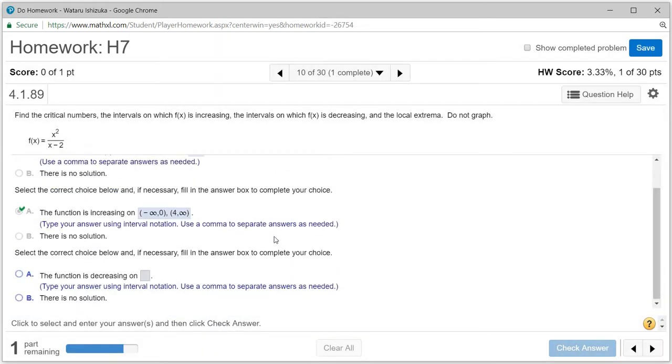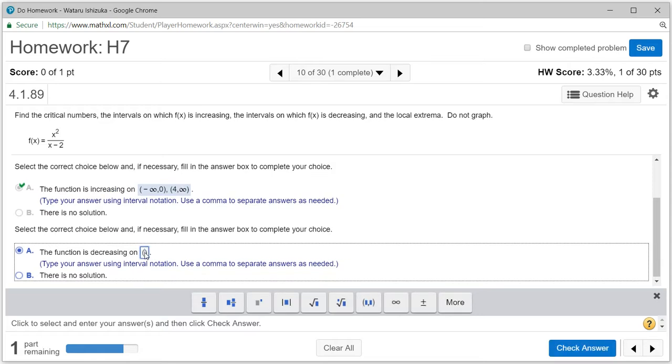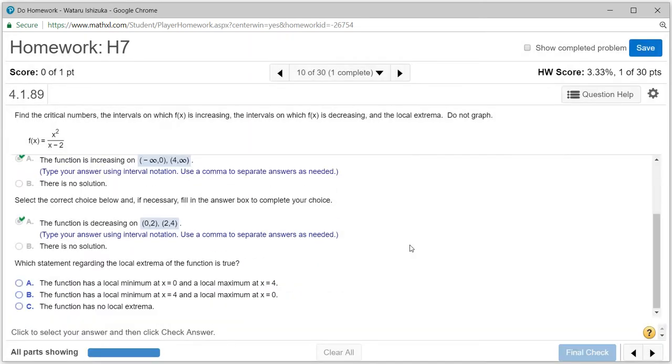We got that. And then it's decreasing on 0 to 2, and then 2 to 4, because we have to skip 2 since the function is not defined there. Let's check the answer. We got that.